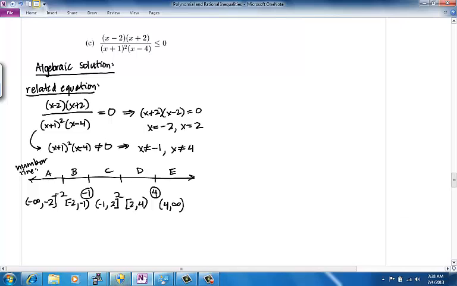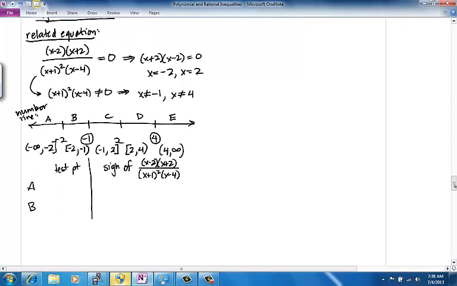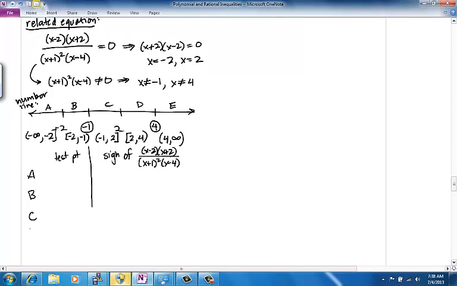And then we want to test the sign of (x minus 2) times (x plus 2) over (x plus 1) squared times (x minus 4). So 4 factors to keep track of and 5 intervals.